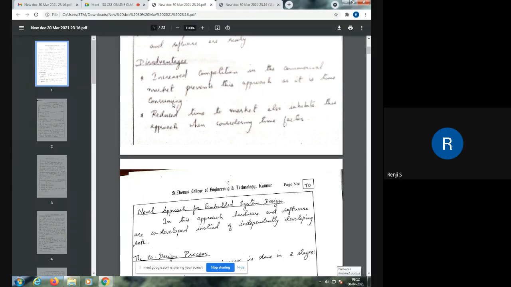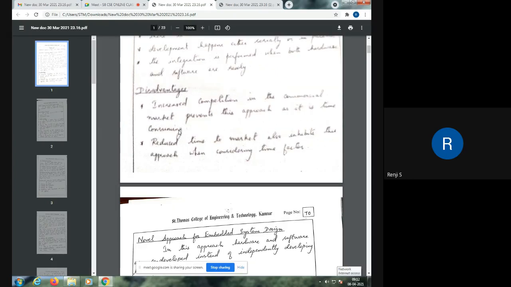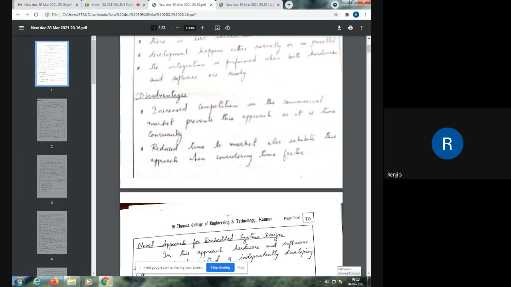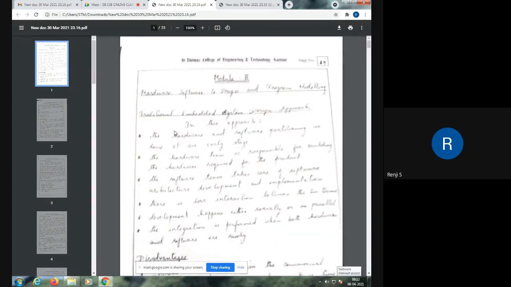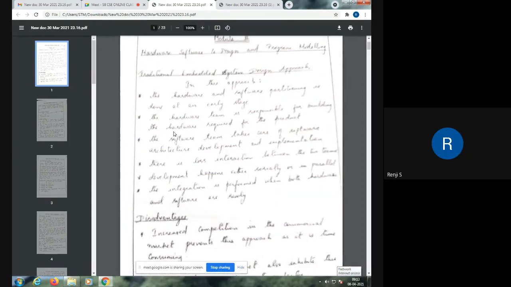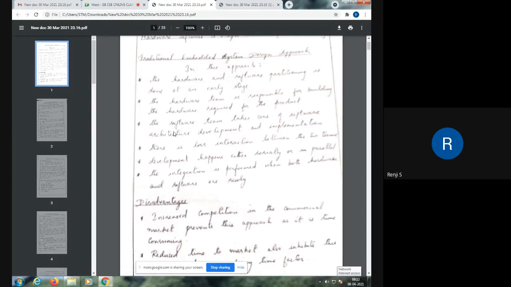So this traditional approach was time consuming, and there was reduced time to market because of increased competition. If there is reduced time to market, then the product cannot survive in the market. So these are the disadvantages of the traditional approach, mainly because the time taken was too high to develop a product.